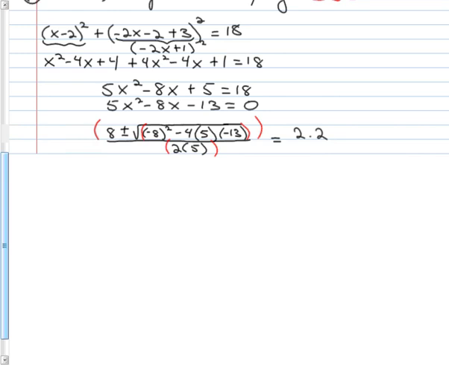Now let's do the negative. According to the book, we're not getting the right answer.